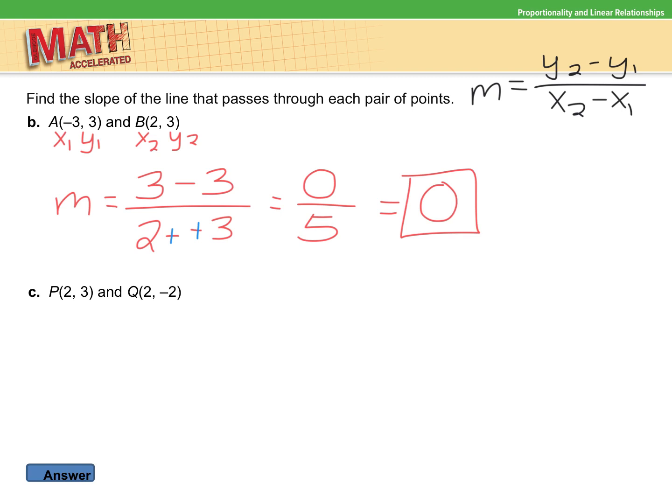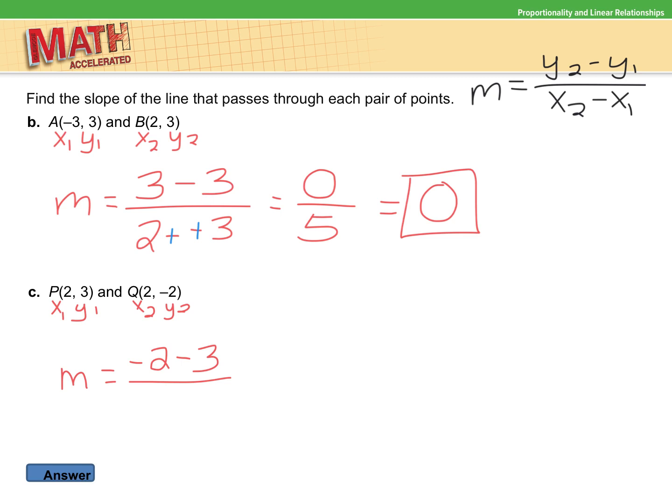Start by labeling and then plug in your values. What did you label P? x1, y1. What did you label Q? x2, y2. Good. Now we have everything to use the formula, so we plug it in. Careful. y2 is negative 2 minus y1, which is 3.